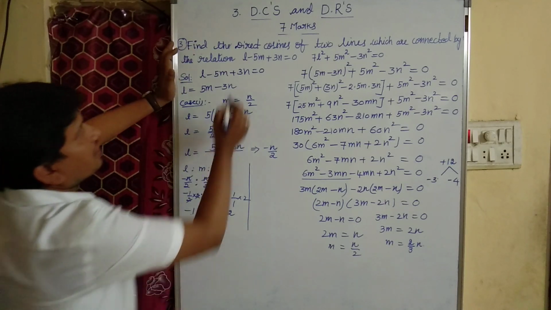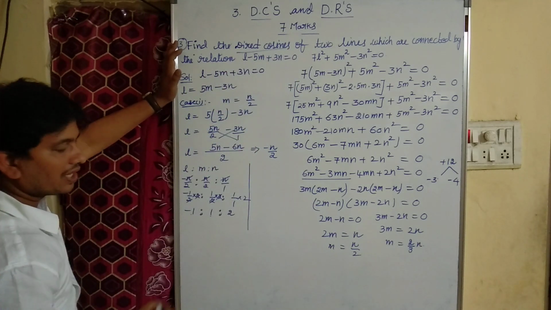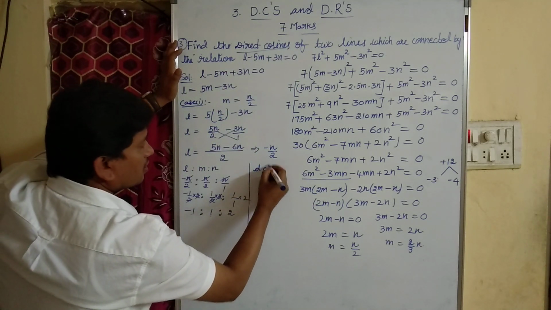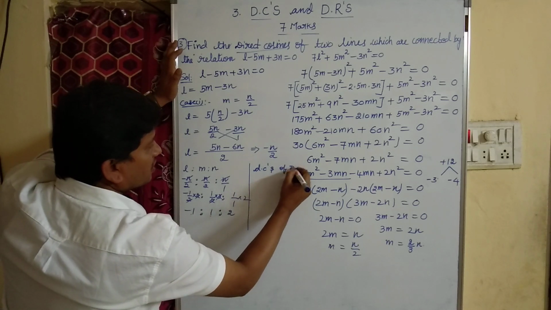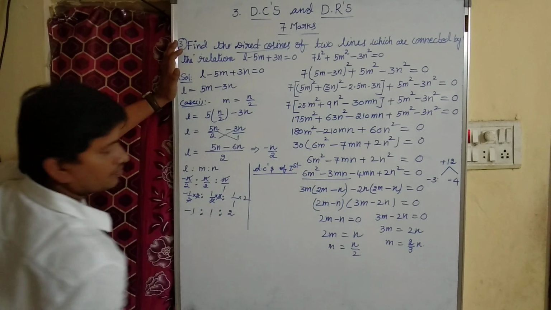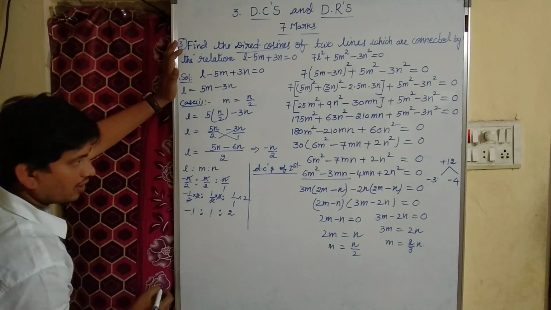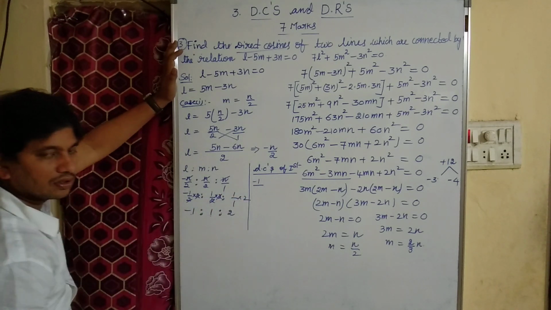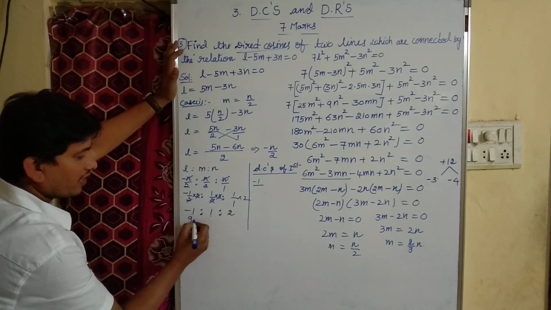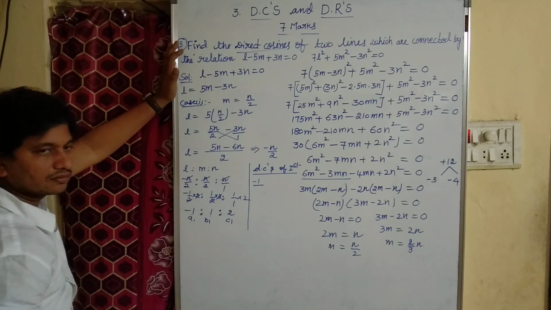Okay, actually they are asking to find DCs. So let us find the DCs of the first line. Call them A1, B1, C1.